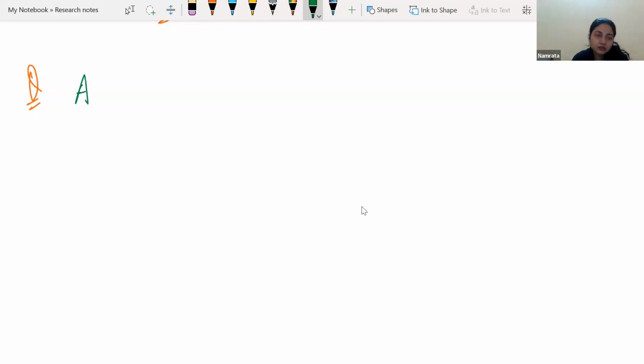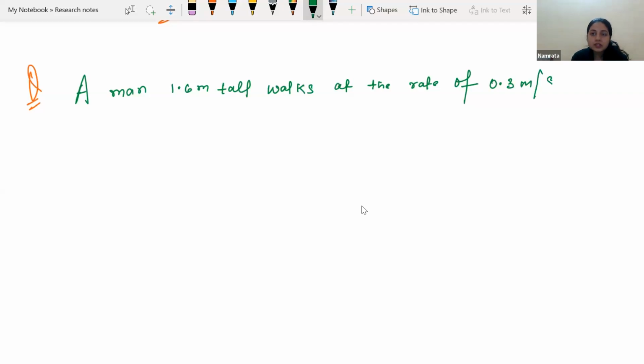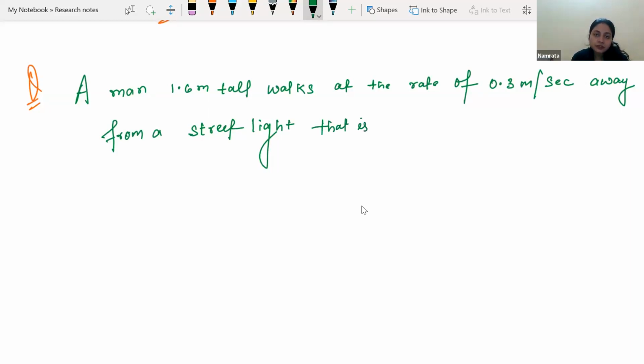A man 1.6 meter tall walks at the rate of 0.3 meter per second away from a street light that is 4 meter above the ground.